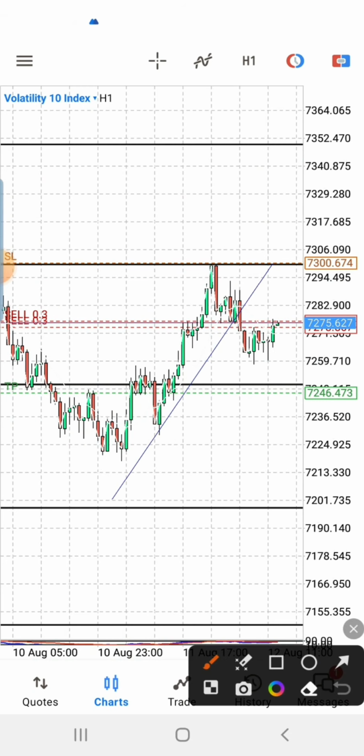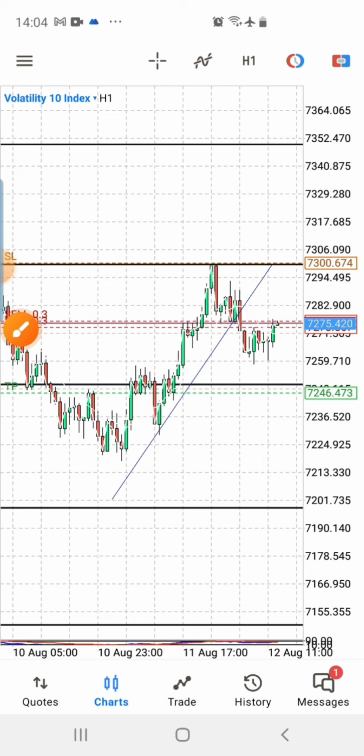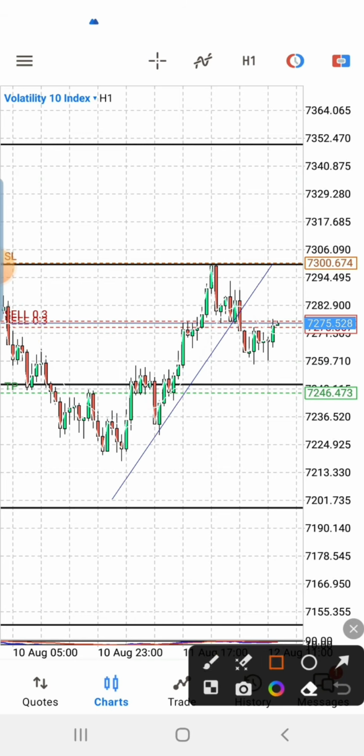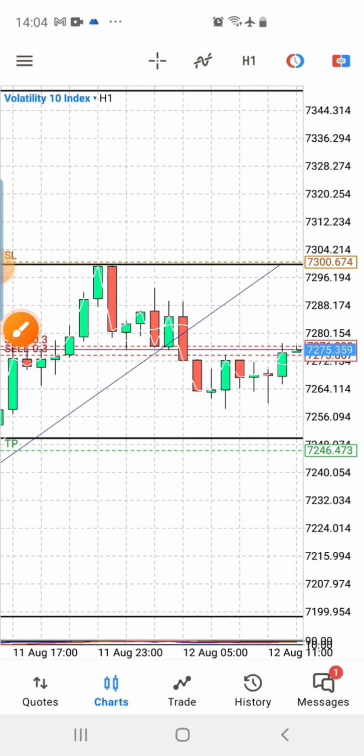Just like what we have here, the price pushed from here, created a higher high, and respected the psychological level. The price couldn't break the psychological level, pushed to the downside, and broke this trend line right here. The candlestick that broke out from that trend line is a momentum candlestick, a strong bearish candlestick right there.